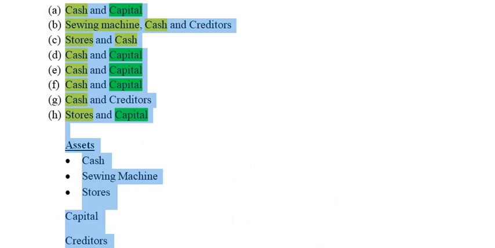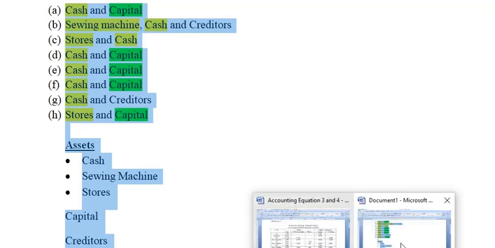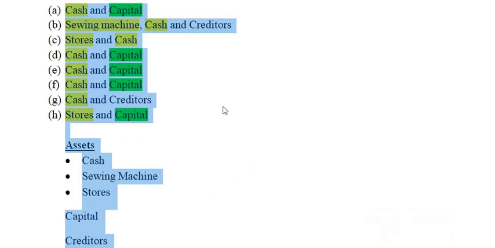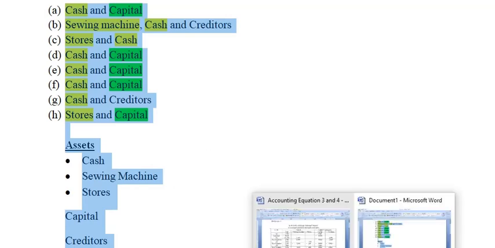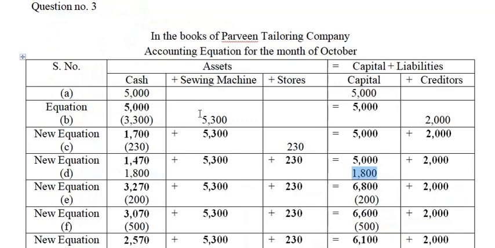When you are preparing the accounting equation, please make this working note or rough work on a separate sheet of paper, and start making the accounting equation looking at that working note. So cash will increase and capital will also increase. Now you will move on to the new equation.